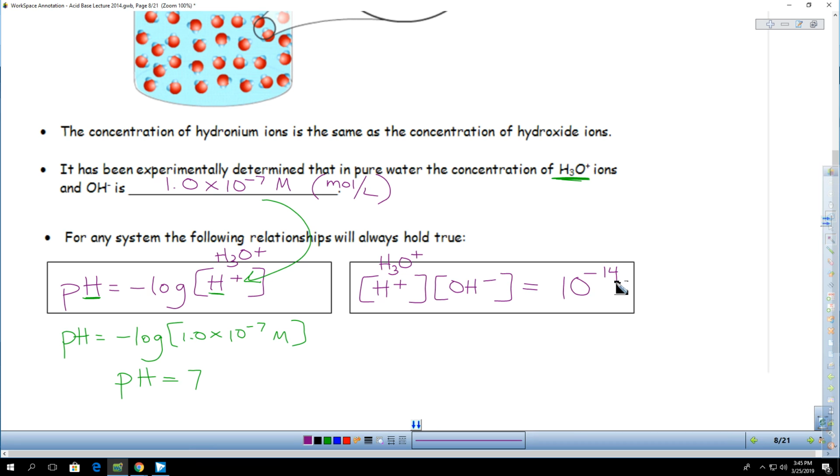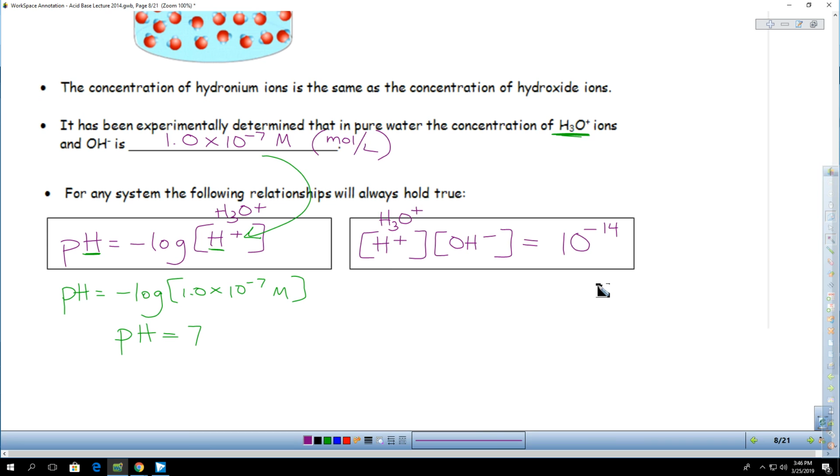Now, in the case of neutral water, this 10 to the negative 7th is the concentration of hydrogen and hydroxide. They're the same. It's a 1-to-1 ratio. And so if you multiply 10 to the negative 7th times 10 to the negative 7th, you get 10 to the negative 14th.